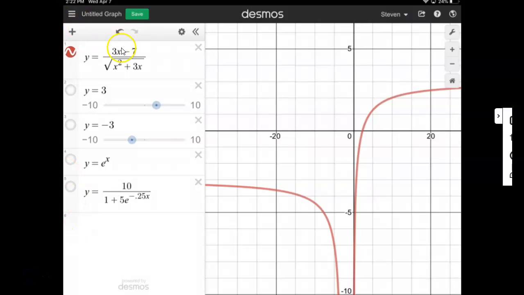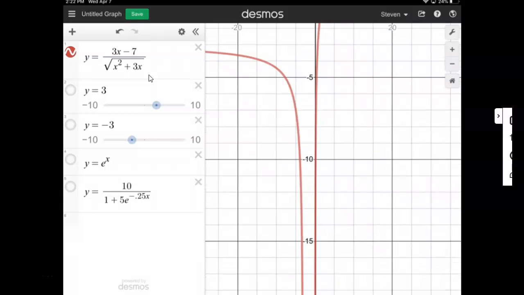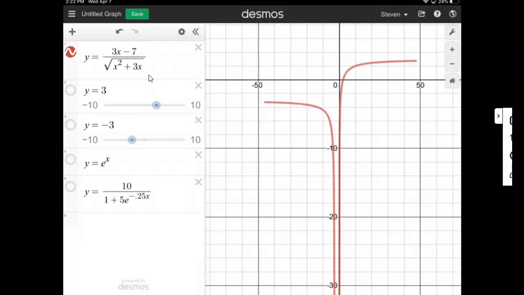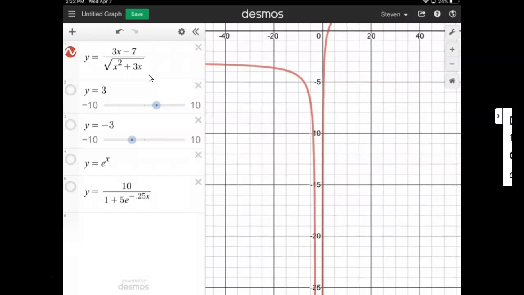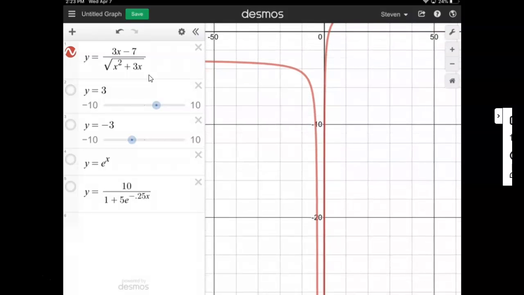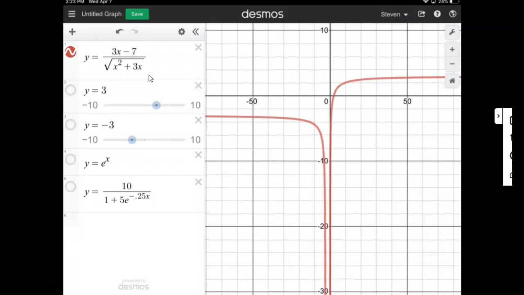If we look at a graph of this function, 3x minus 7 over the square root of x squared plus 3x, we can see that we have an asymptote there where the stuff in the bottom is approaching 0, and at some other place which we can't really work out from the graph.